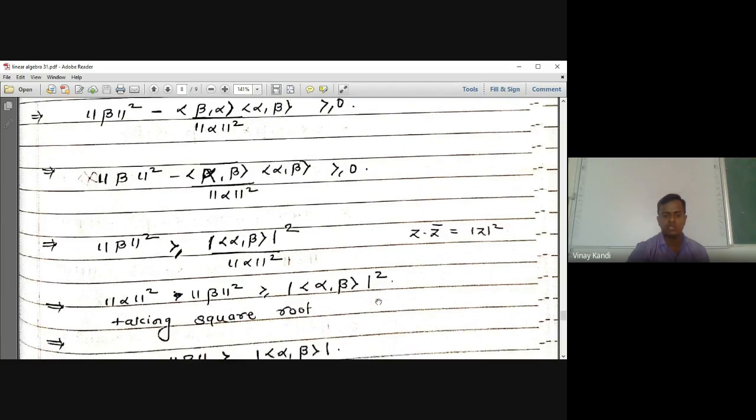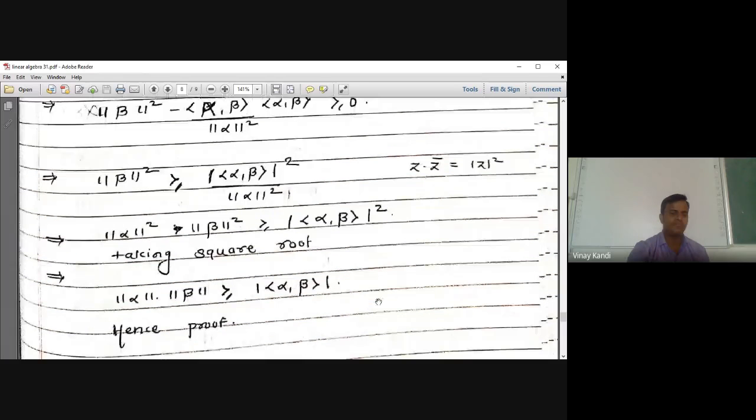Now by taking the square root of both sides we get norm of alpha into norm of beta is greater than or equal to the mod of the inner product of alpha beta. This is the proof of the Cauchy-Schwarz inequality.